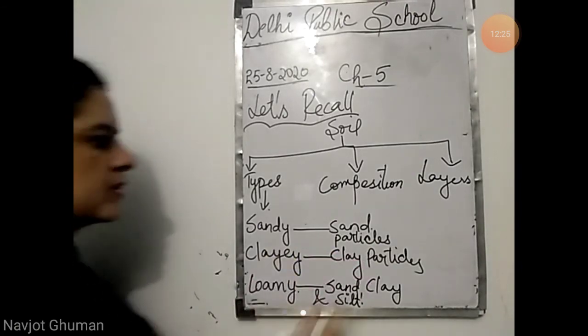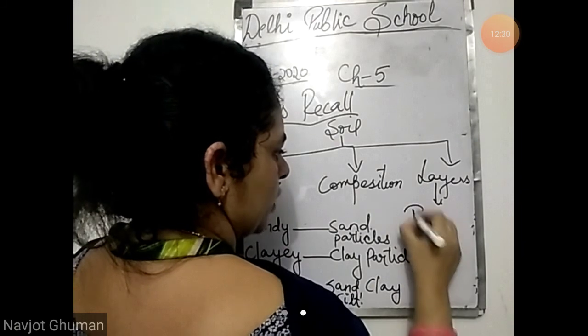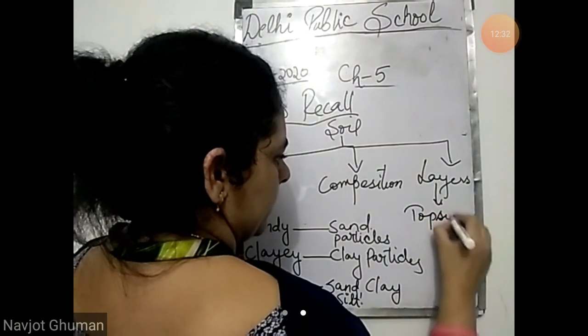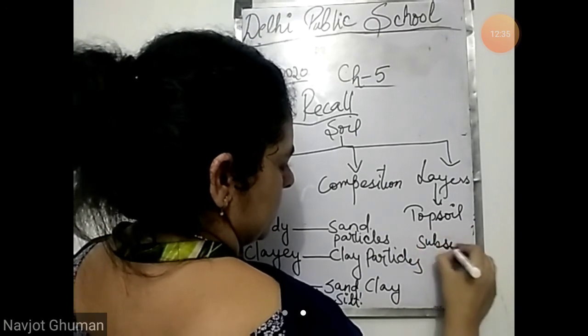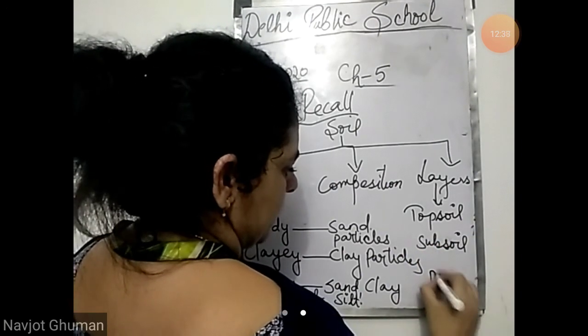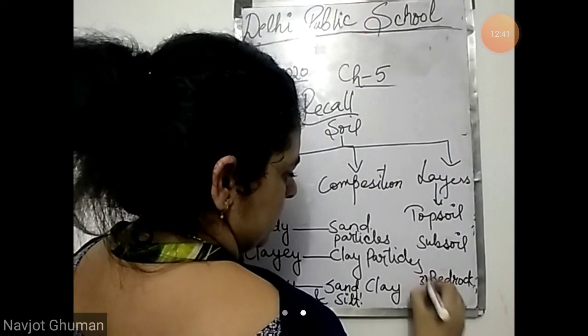Next, layers of the soil. Which are the layers of soil? Topsoil, subsoil, and bedrock. Third is bedrock.